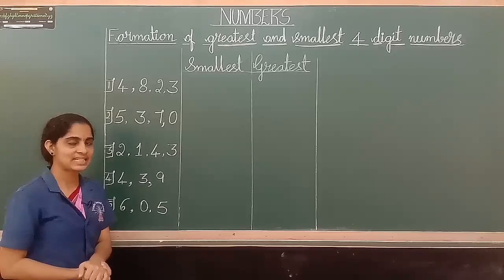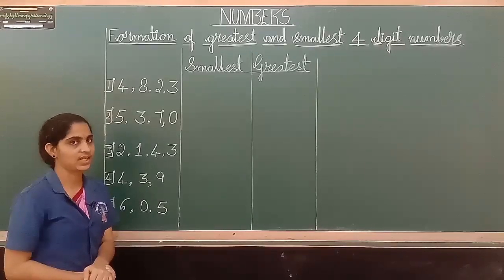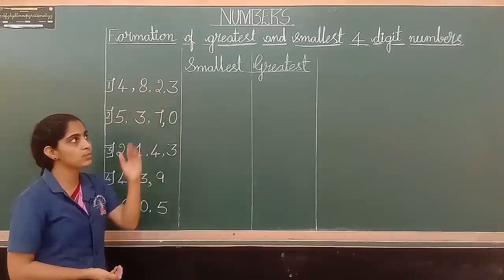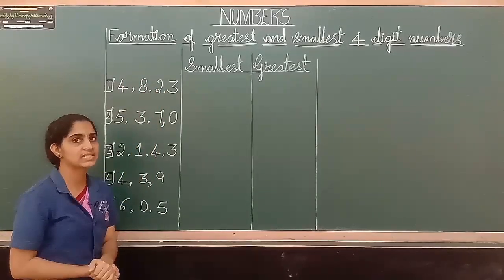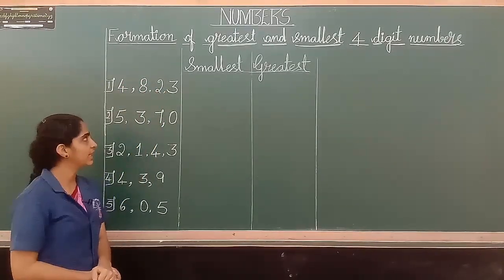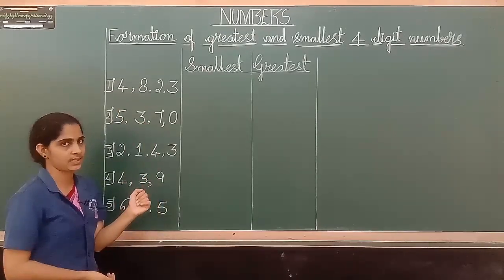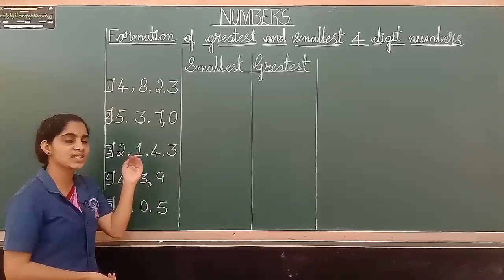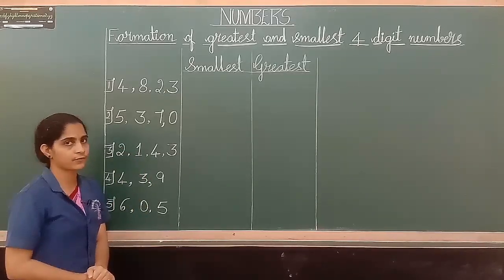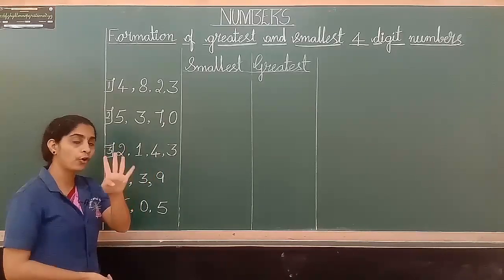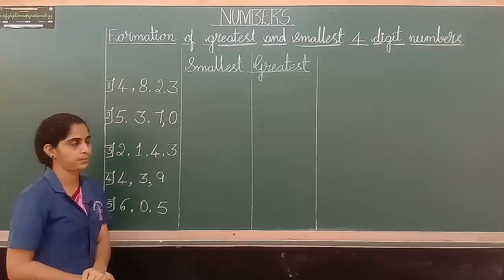Now, let us learn one more concept, that is formation of greatest and smallest 4-digit numbers. Here, you can see there are digits. By using these digits, we have to form smallest and greatest 4-digit numbers.